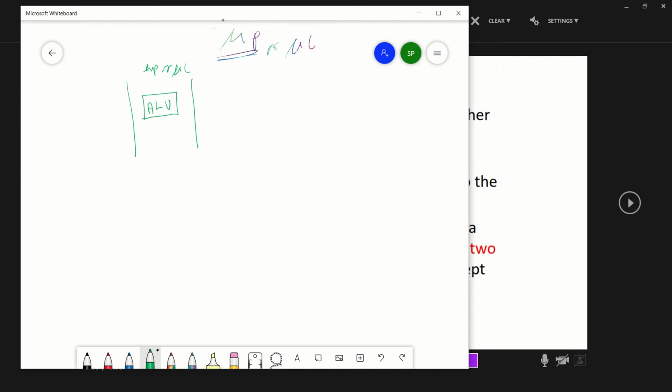So we give input to the system, and then we give that data for processing. If you are going to do any operation, that is addition, subtraction, multiplication, and division, all these operations we do in the ALU, the arithmetic logic unit.